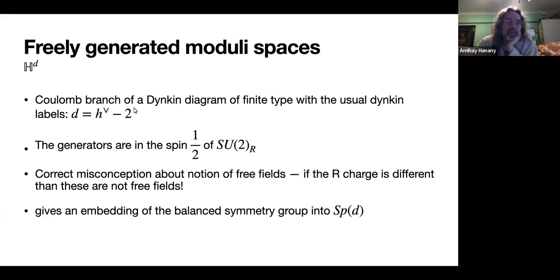There is another general formula I can write: the dimension of this freely generated moduli space is the dual Coxeter number minus 2. The generators of this freely generated moduli space transform in the spin 1/2 representation of SU(2)_R.